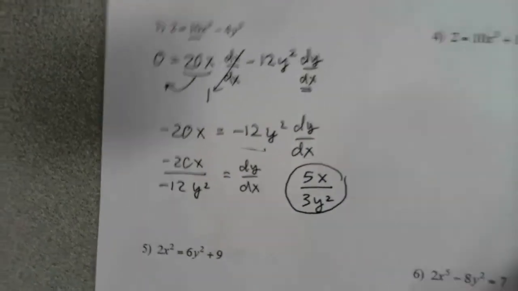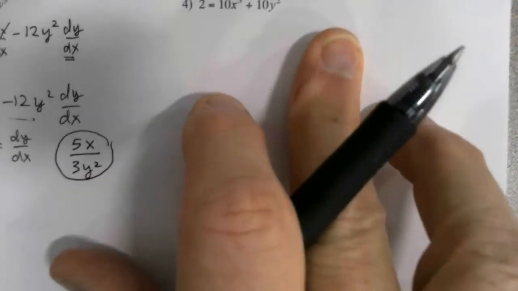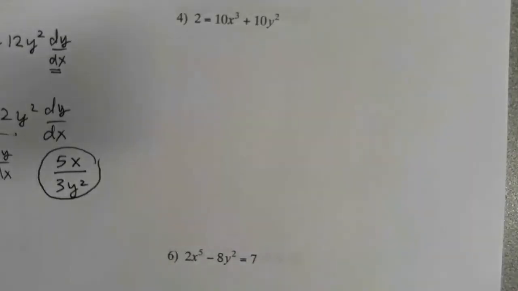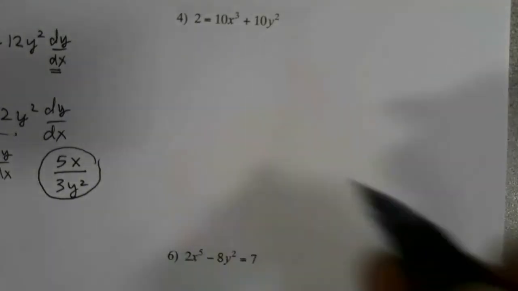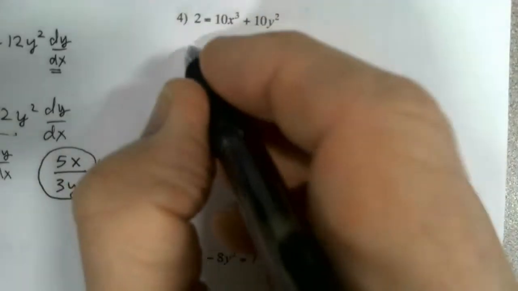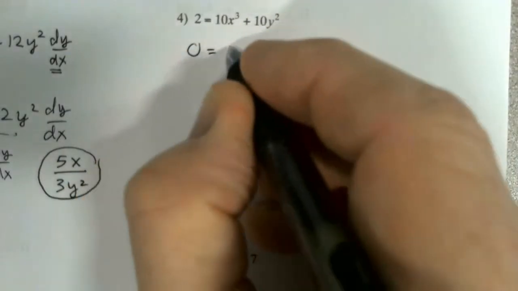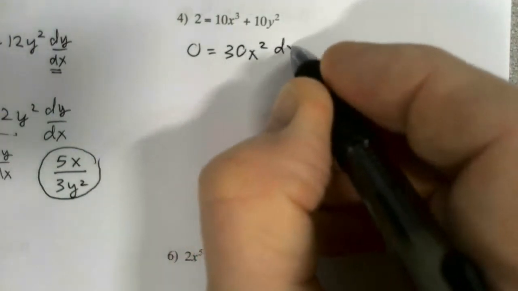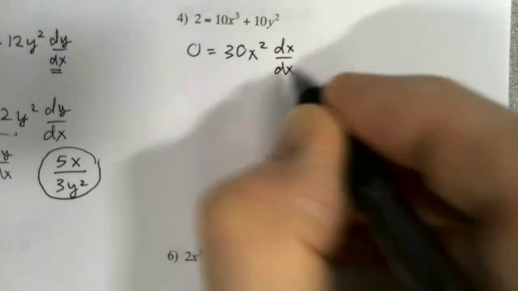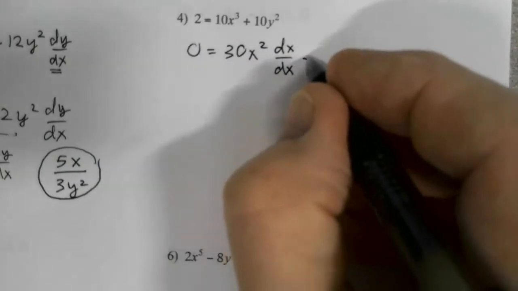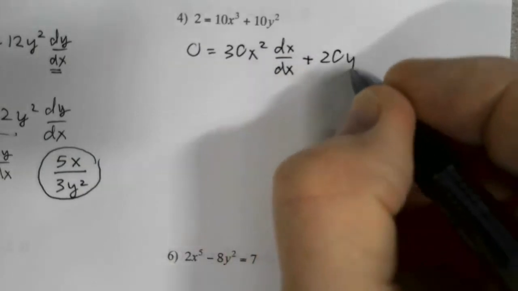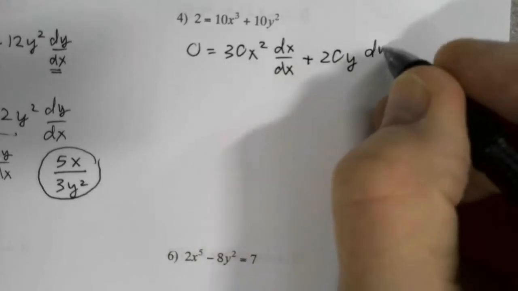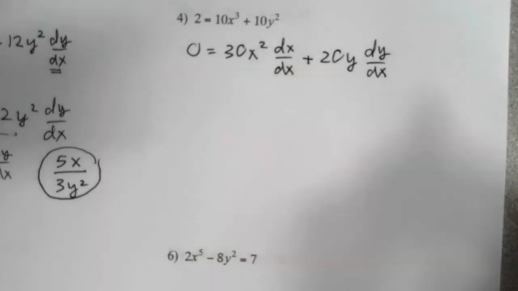Now let's try number 4. So here's number 4. Again, we're going to do the same thing we just did. So we're going to take the derivative of each term. So 0 equals 30x squared times dx/dx plus 20y dy/dx.